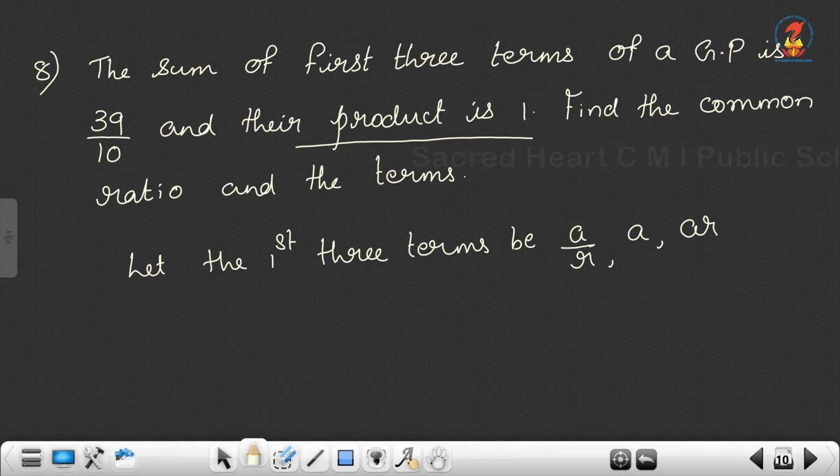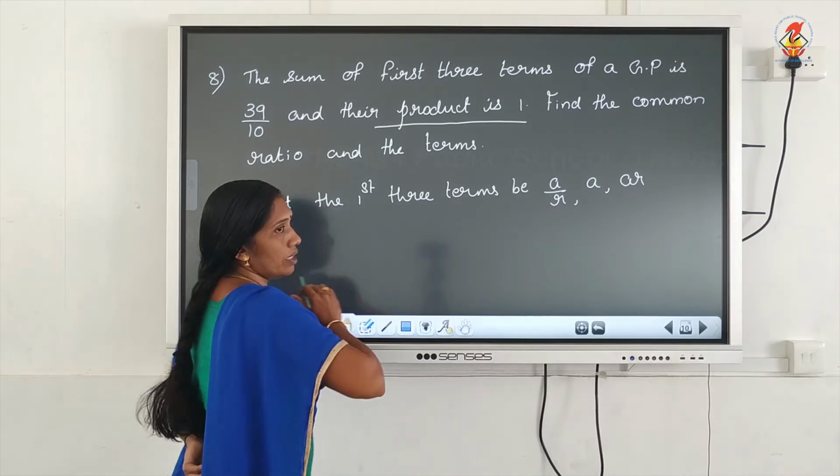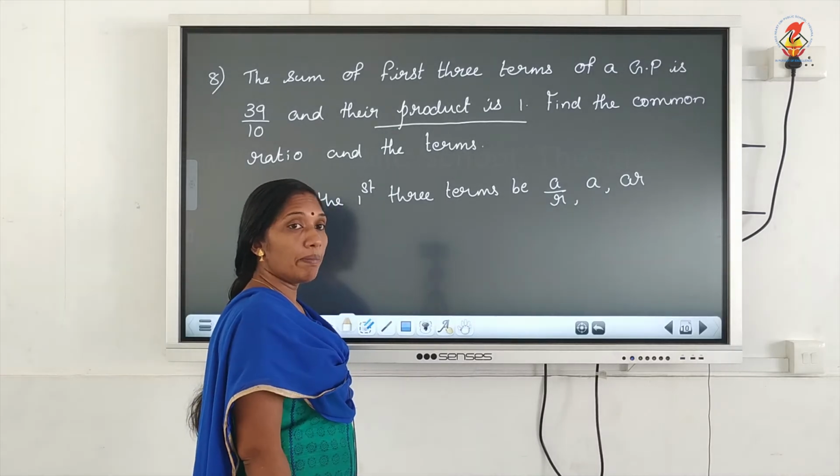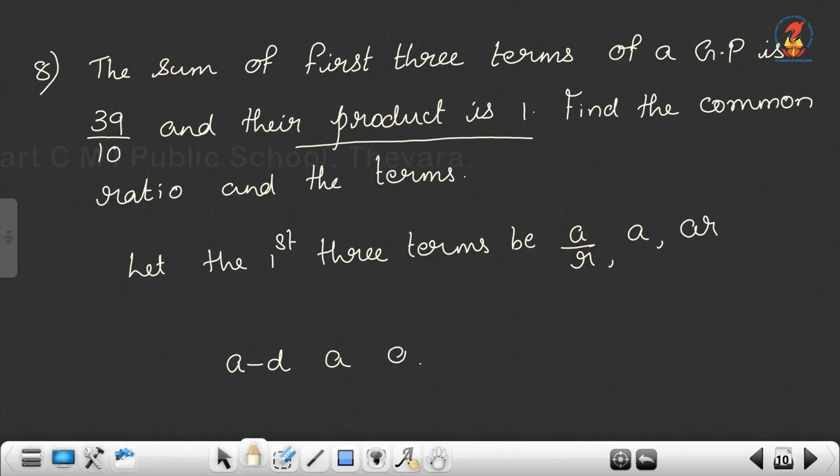Children, do you remember, last year in 10th standard, you studied AP. There, if the sum of three consecutive terms is given, then you take A minus D, A, A plus D. So, in the sum this cancels, and easily you will get the value of A.